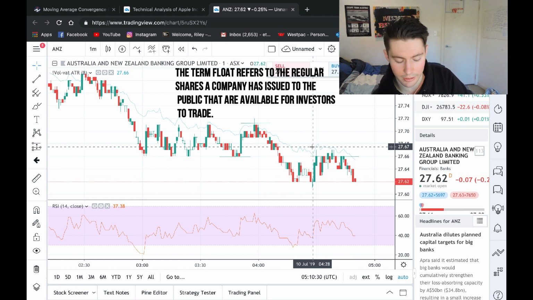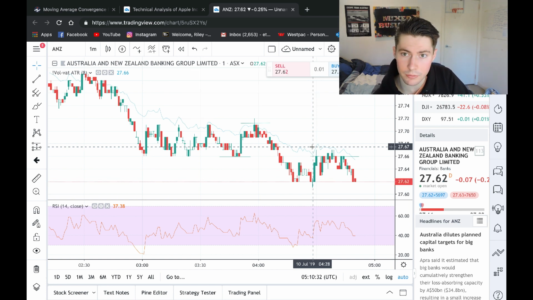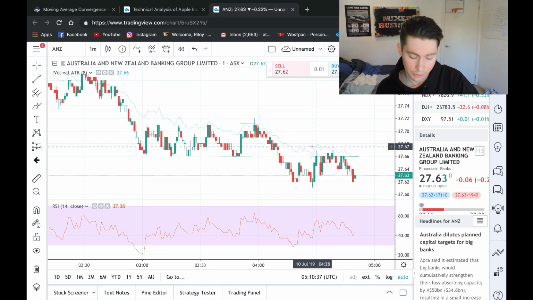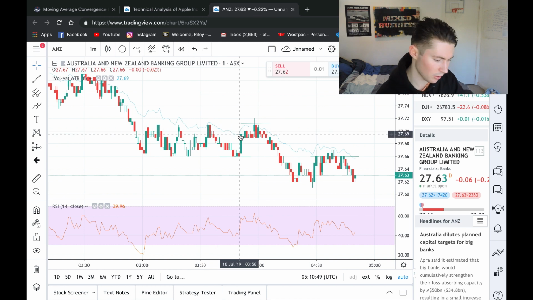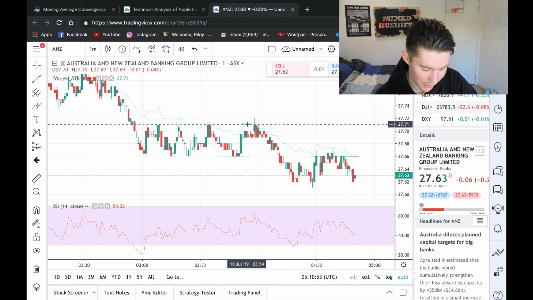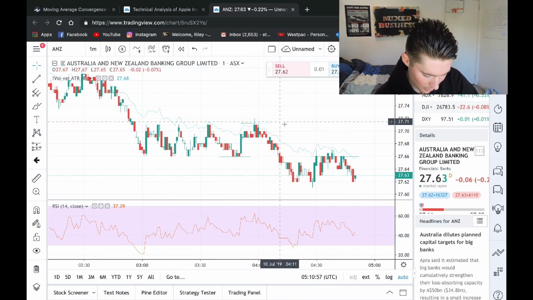A low float has few shares for trade, and when there's a low market capitalization and a low float, it basically means that it's volatile. High float equals less risk. When there are more shares available to trade, there's less risk, if that makes sense. So it looks like it's above the price line. Basically that means it's not super risky right now because the float is high.